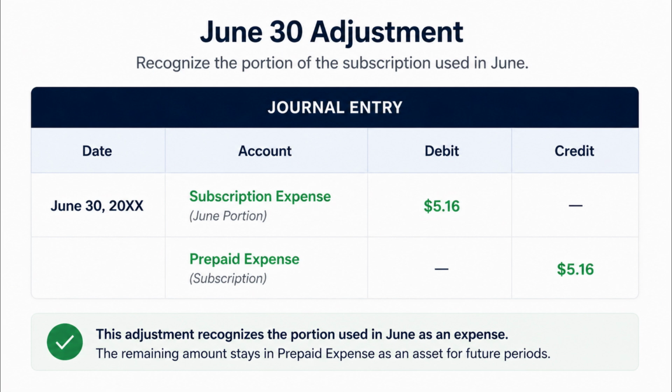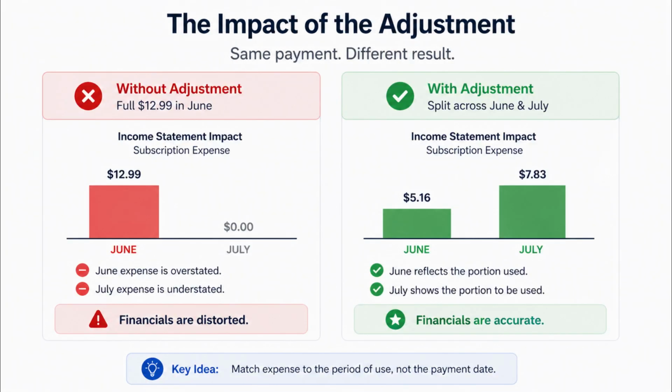The entry is a debit to your subscription expense for the $5.16 and a credit to your prepaid expense. Now remember that prepaid expense is the prepaid expense asset, just for clarity. Now your statements show expense for June only and a remaining asset for July.